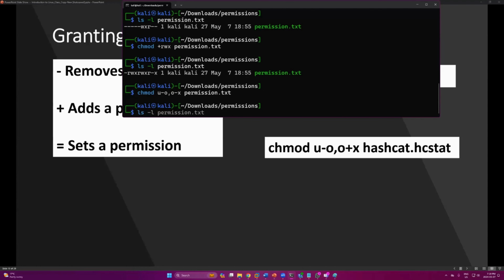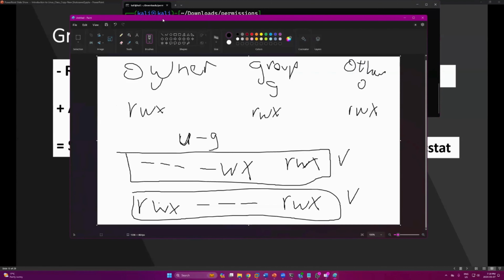So what do you think will show up this time? So right now we have everything. Actually, we don't have everything. We have one missing, right? So I did u minus o and o minus x. What do you think is going to be the outcome over here?